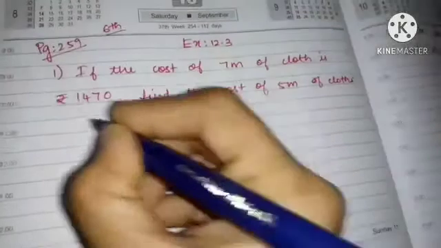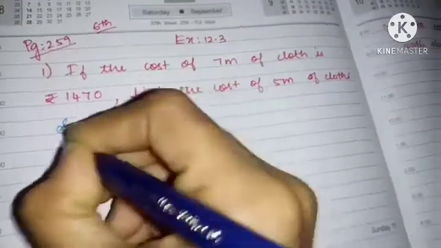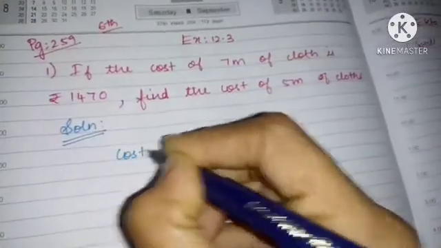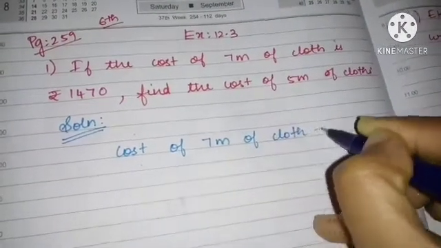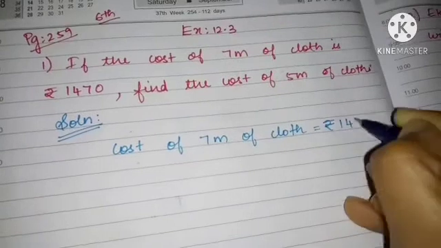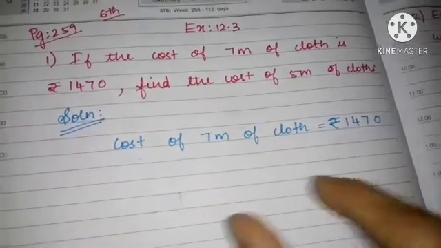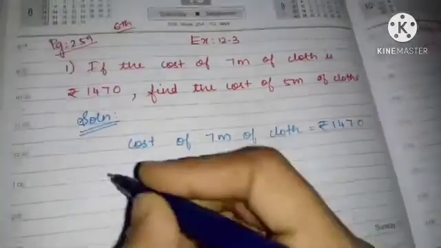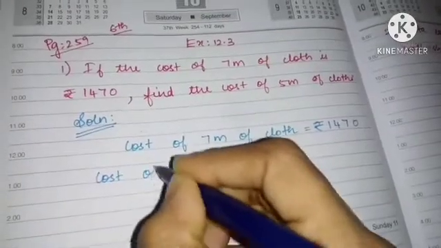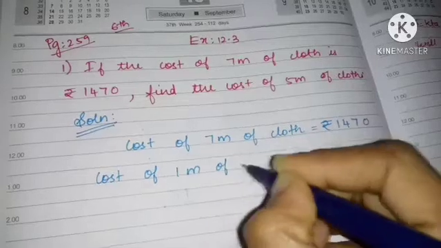Okay, so solution is what? Cost of 7 meter of cloth is equal to rupees 1470. 7 meter of cloth is given as 1470. Now we are going to find the cost of 1 meter of cloth.